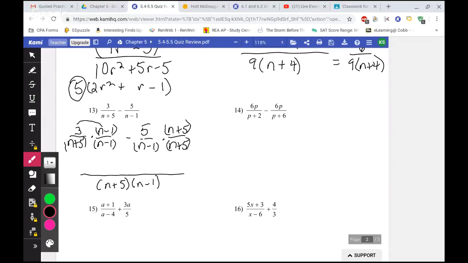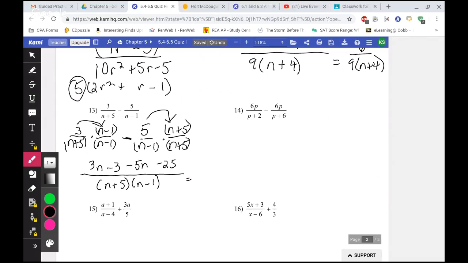And up here, we're going to distribute that 3 to everything inside the parentheses. So we'll have 3 times n, which is 3n, and 3 times negative 1, which is negative 3. Now, this is like distributing a negative 5 to everything inside the parentheses. So negative 5 times n is negative 5n, and negative 5 times 5 is negative 25. So now we'll combine like terms.